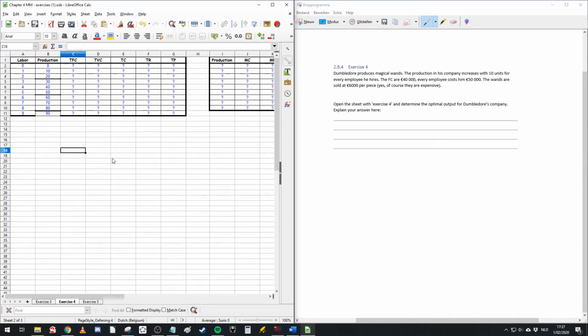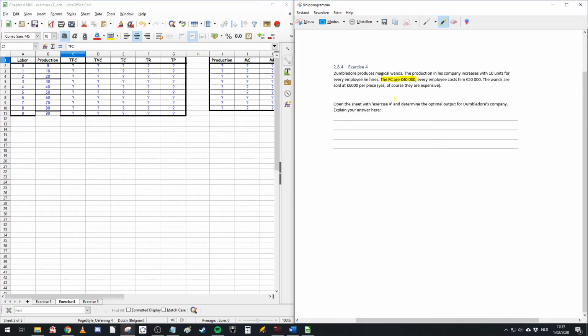That's good. Okay, now TFC stands for total fixed costs, and this revolves around rent you pay for buildings, perhaps for machines like depreciations. But in our question over here, we only know something about, let me get the marker out, the fixed costs are 40,000 euros.